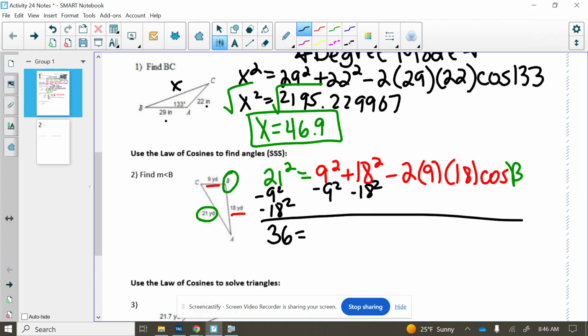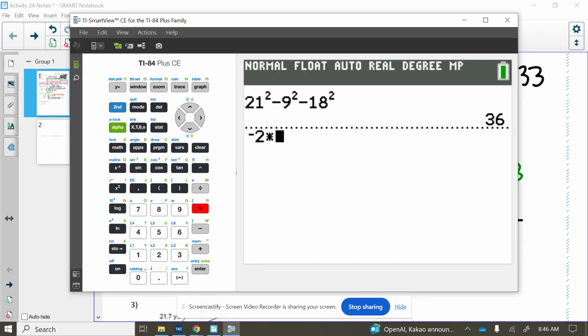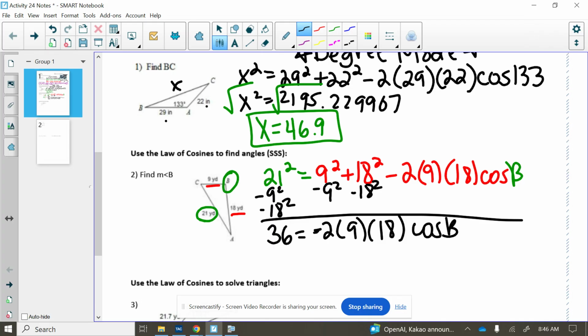And right now that is equaling this negative 2 times 9 times 18 times the cosine of B, which if we simplify negative 2 times 9 times 18, we have a negative 324 really happening on the outside here, being multiplied times cosine of B.